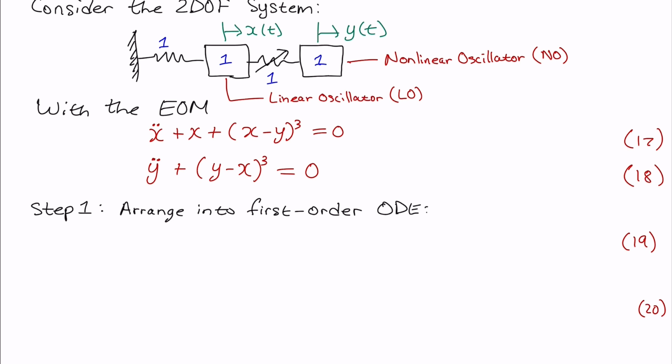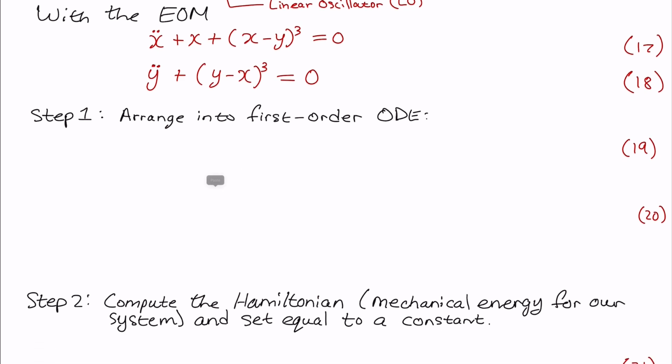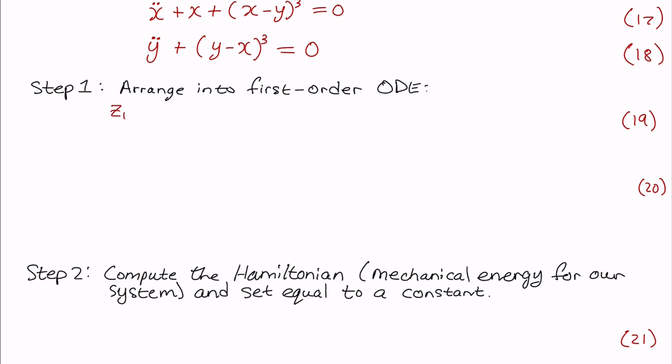So our first step here is that we're going to arrange this into a first order ODE, or an autonomous phase space system, or state space system. To that end, we're going to say that z1 is equal to x, z2 is equal to y, z3 is equal to x dot, z4 is equal to y dot.